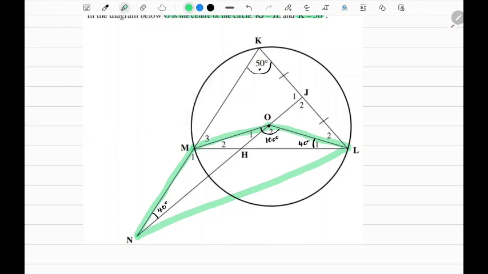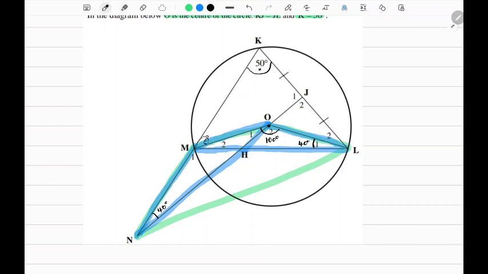In this given case, if you have a look at MO as a chord, you'll notice that it subtends an angle at N, and the same chord also subtends an angle at L1.